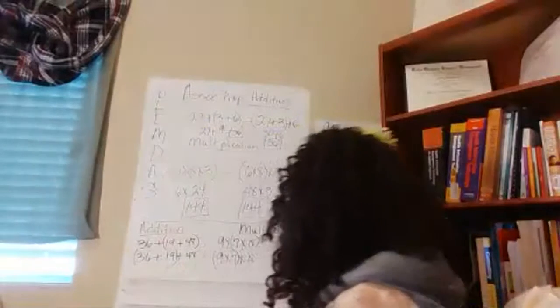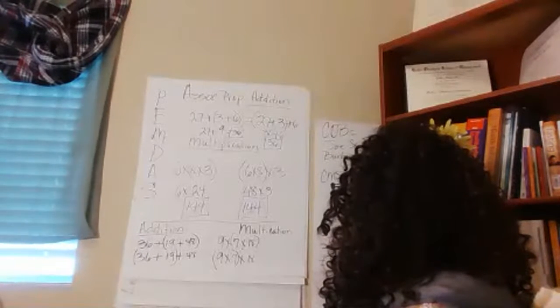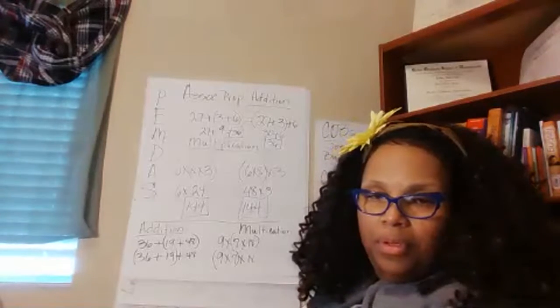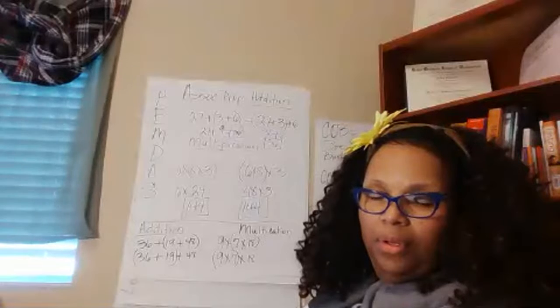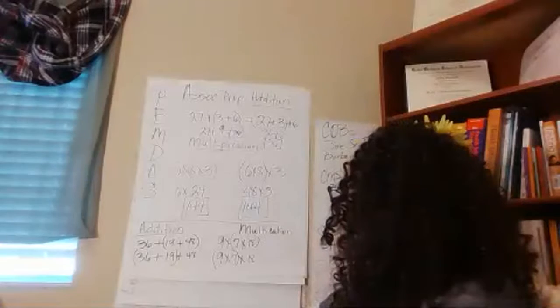Do you need me to repeat myself? So the first set should be 9 times 7 times 18 with 7 times 18 in parentheses. The second one should be 9 times 7 in parentheses times 18. Yes. Okay. Let me know when you're done.